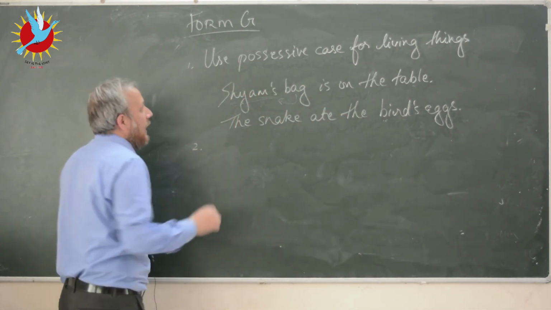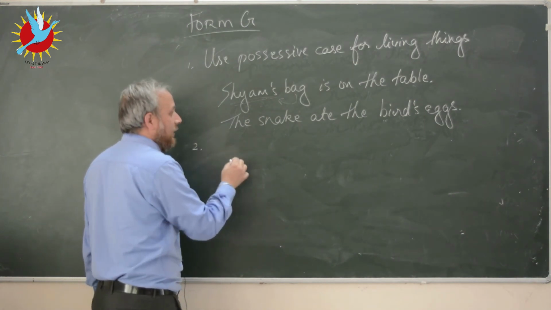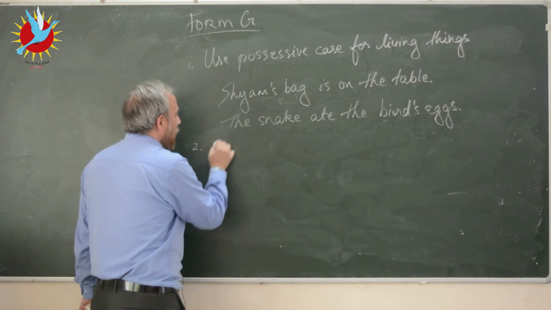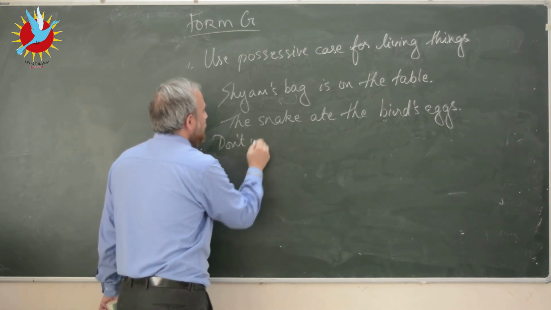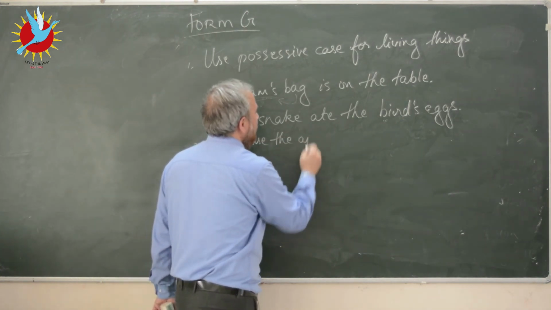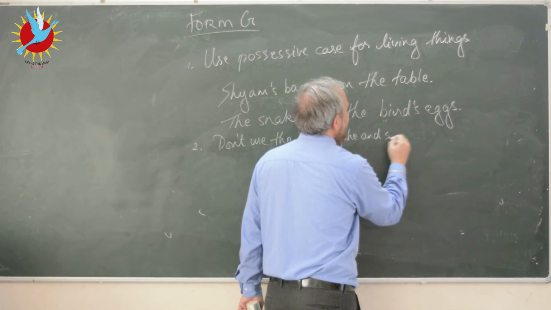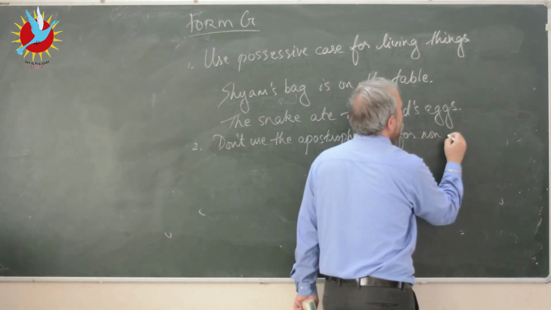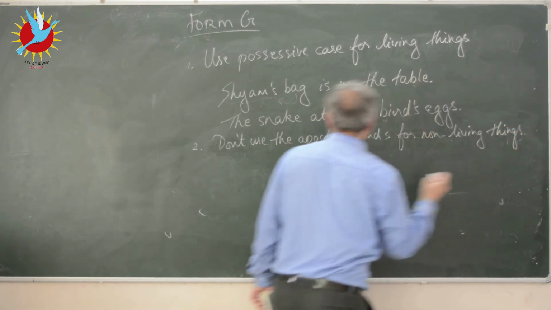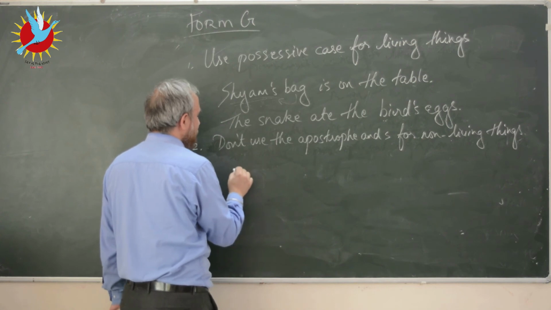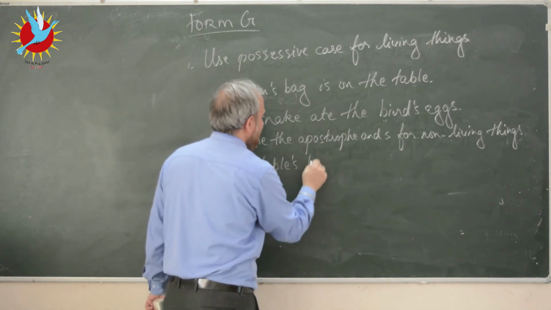Okay. So now another thing I want you to remember is that for non-living things, don't use the apostrophe and S. Like you should not say, let's say, the table's legs.